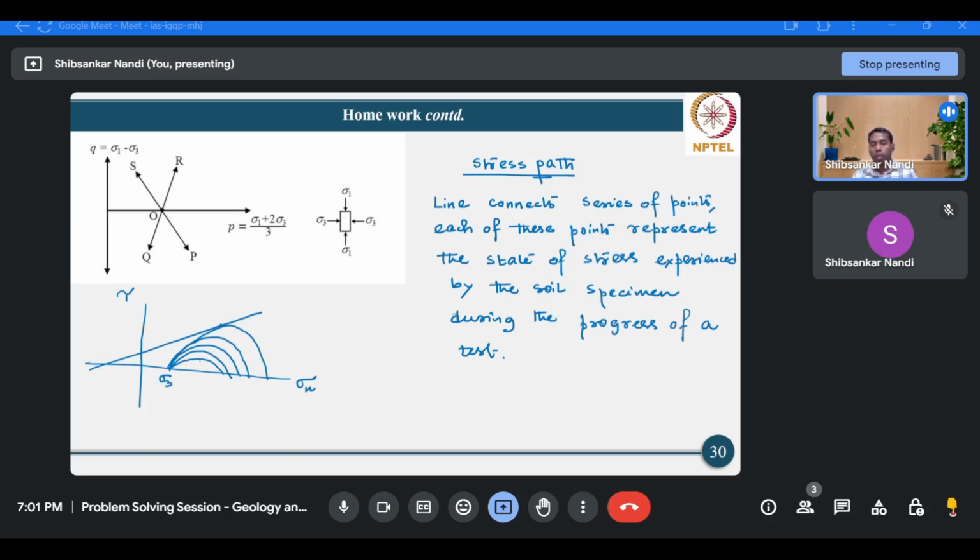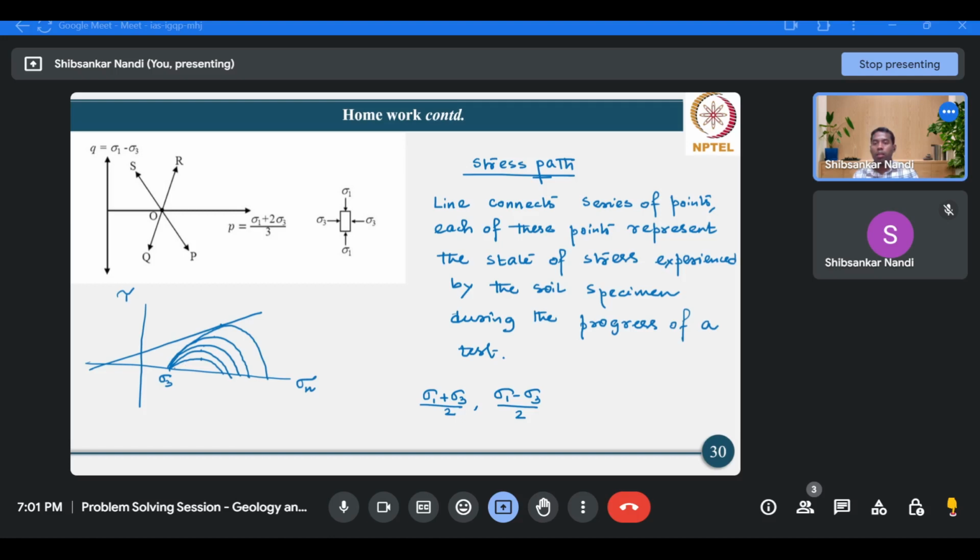Now if we pick the peak point of the Mohr stress circle, the coordinate of this point is sigma 1 plus sigma 3 by 2 and sigma 1 minus sigma 3 by 2.